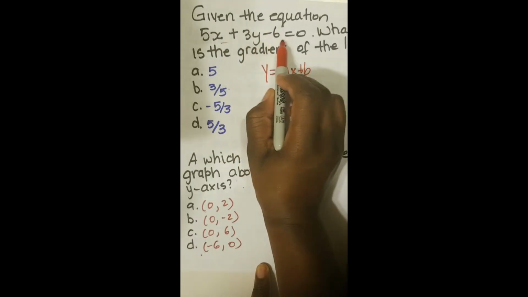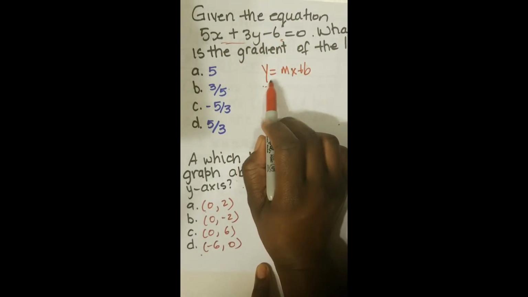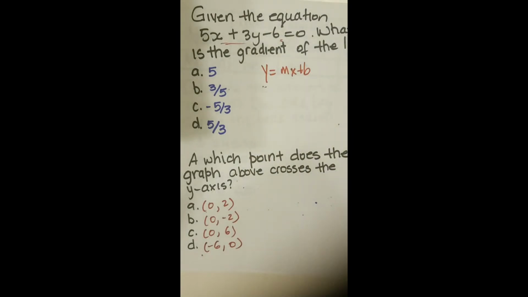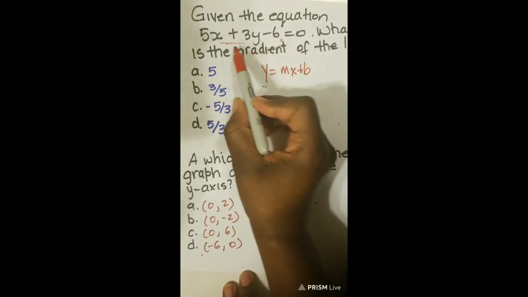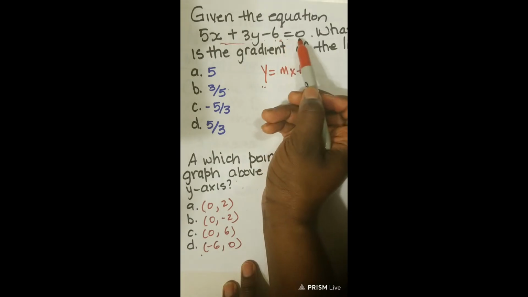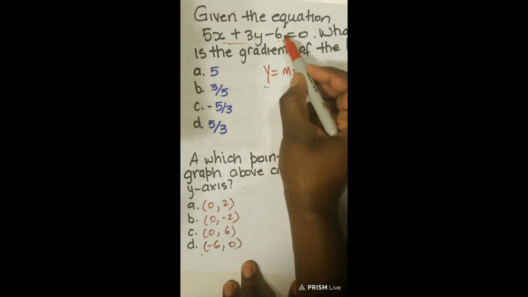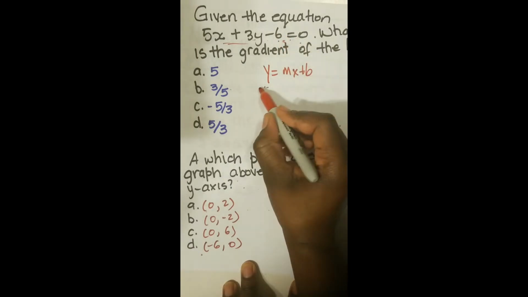Whatever you're given in the standard form, try to make y the subject by doing the opposite operation for almost everything until you get y on its own. So for this, you're given 5x plus 3y minus 6 equals 0. You go ahead and get rid of the 6 first.